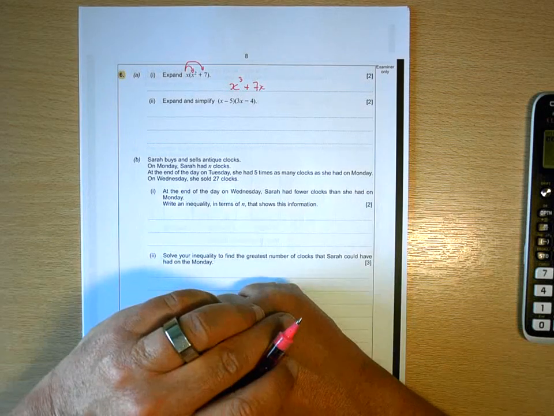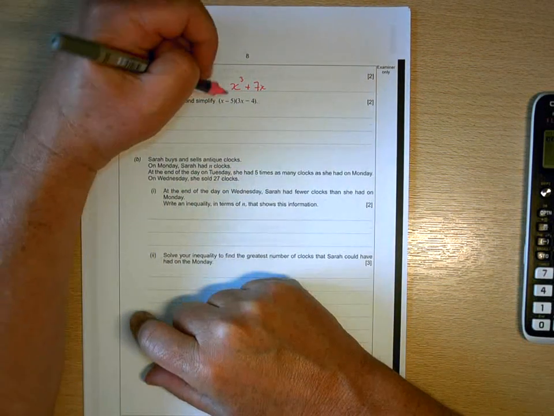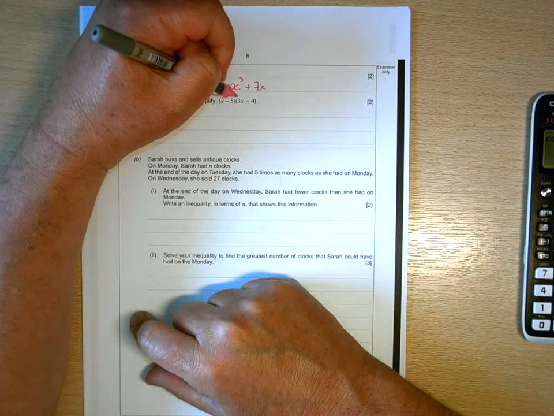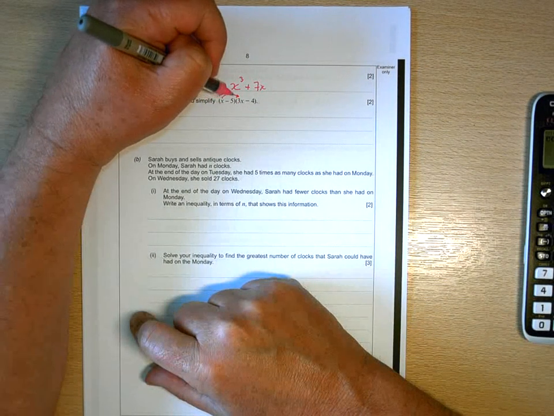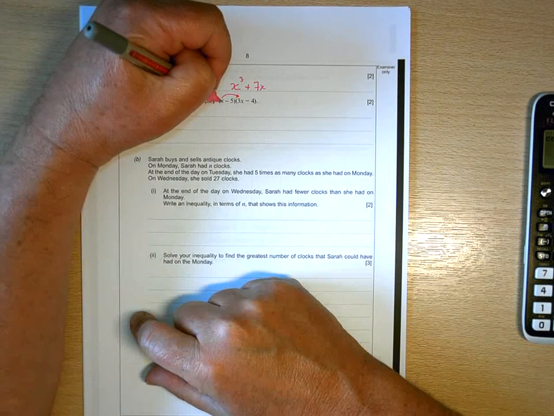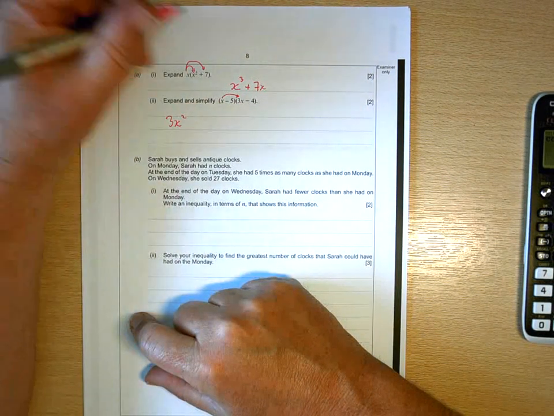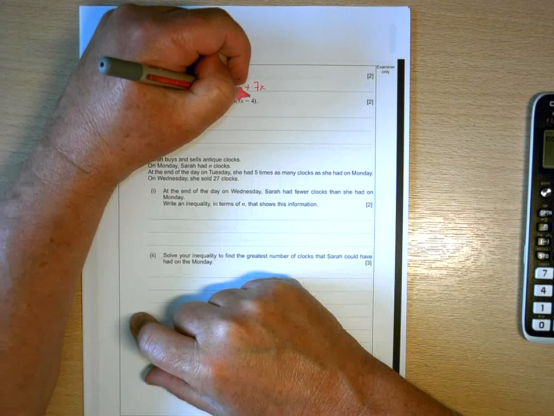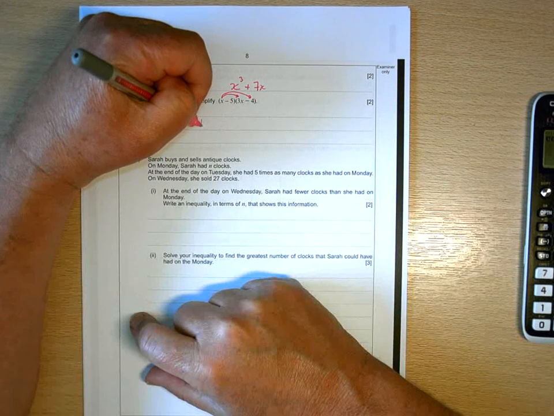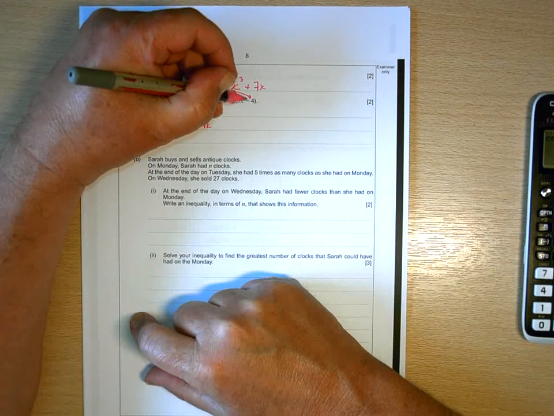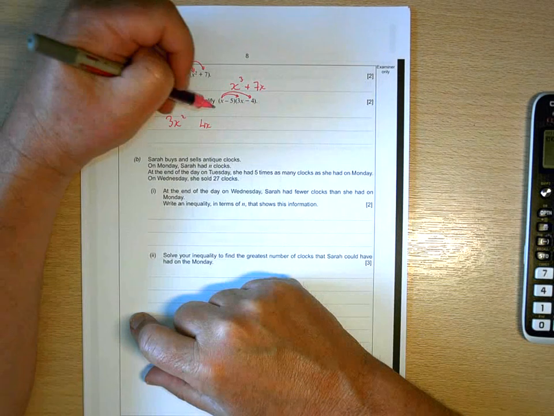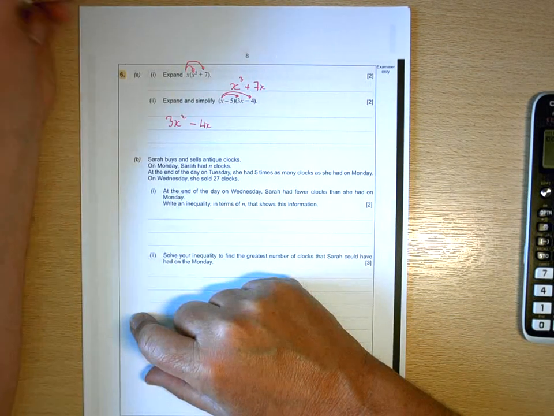The second one, double bracket, we have to multiply x by everything in that bracket. So FOIL is the way you remember this. X times 3x, 3x squared. X times 4, 4x. X is positive, the 4 is negative, the signs are different, the answer is negative.